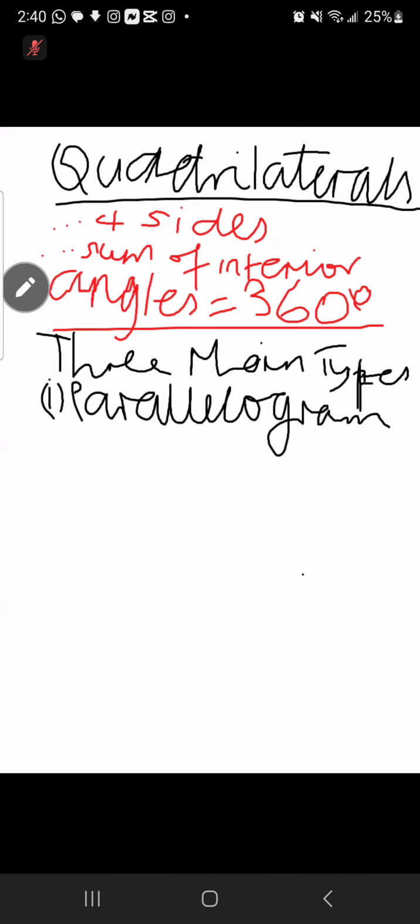So write for me: a parallelogram is a quadrilateral having one pair of opposite sides, parallel and equal.